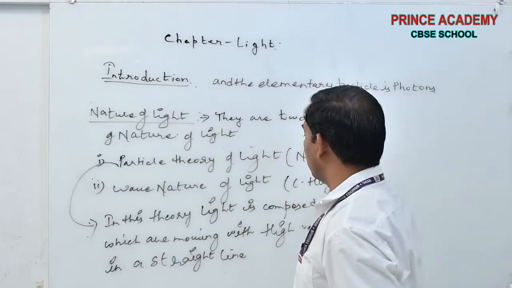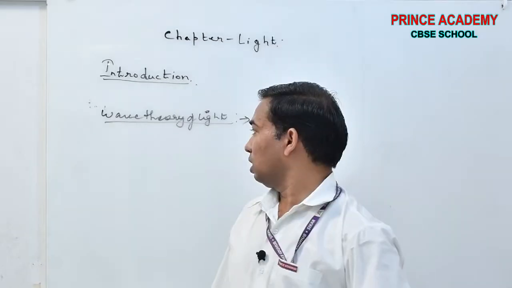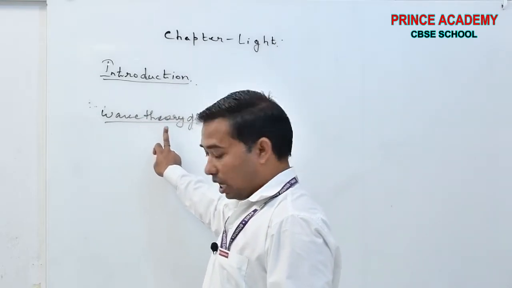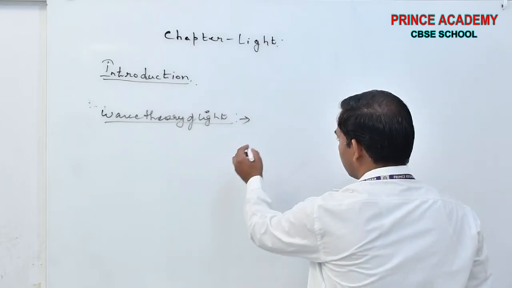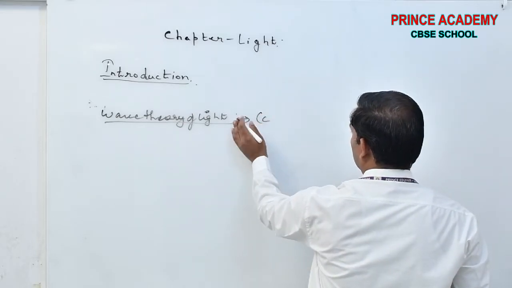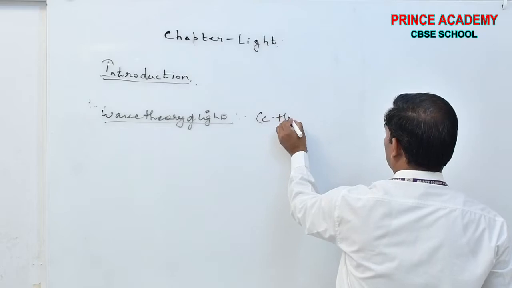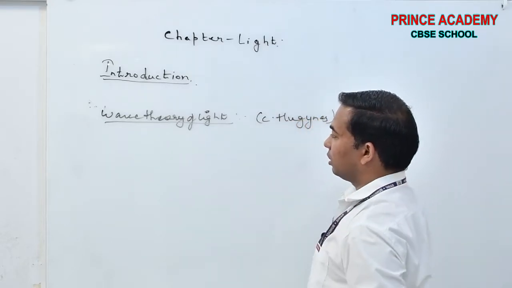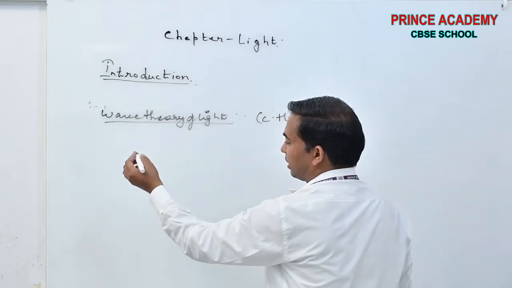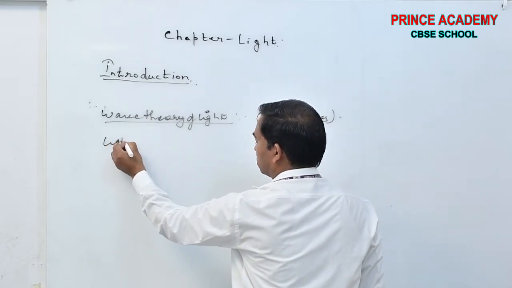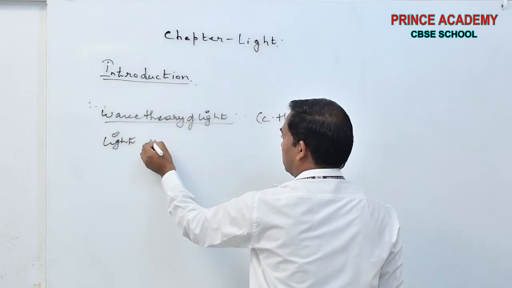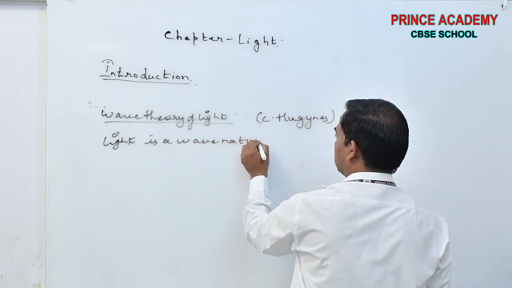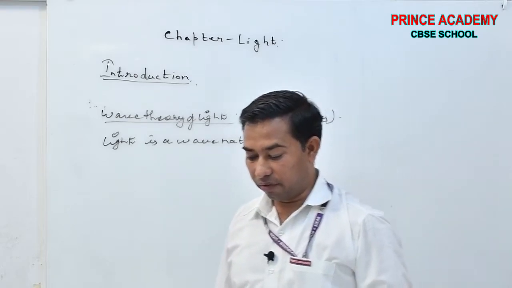The second theory is the wave theory of light, given by C. Huygens. In this theory, Huygens said that light is of wave nature.